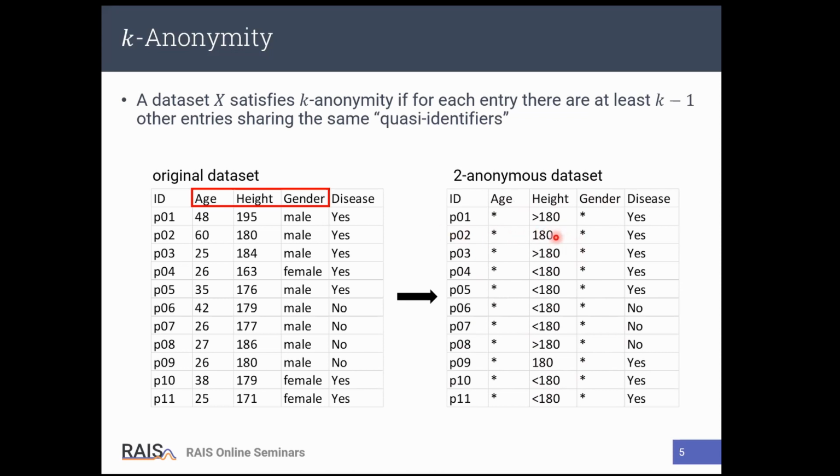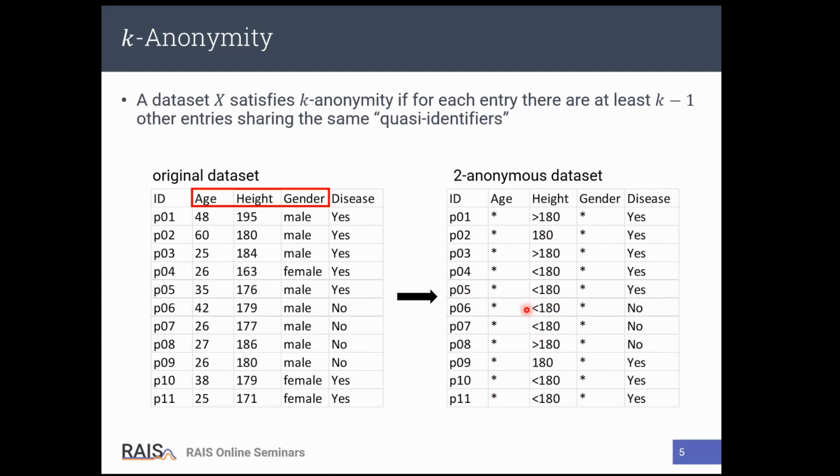For example, you see that there are two users which are 180 centimeters tall, and the others are either taller or shorter than that. This way, we are not able to identify a specific user in this data set, because there are always two identical entries.